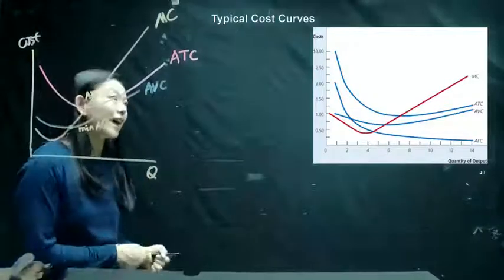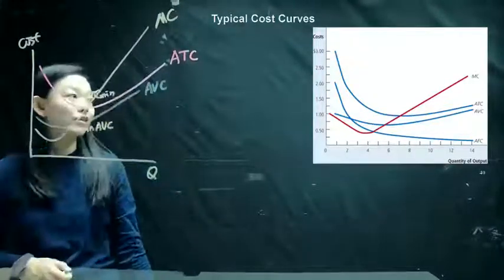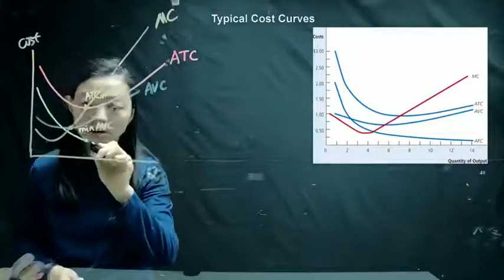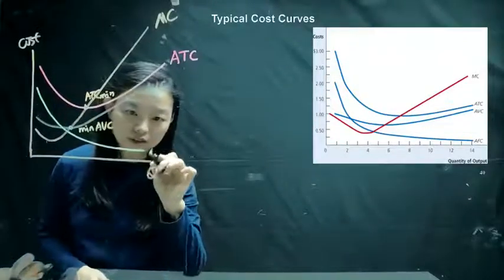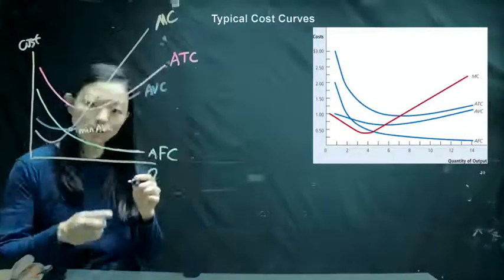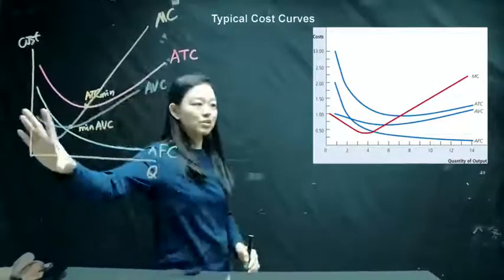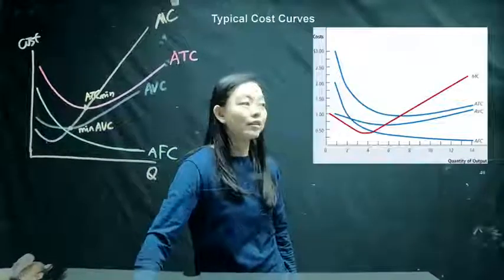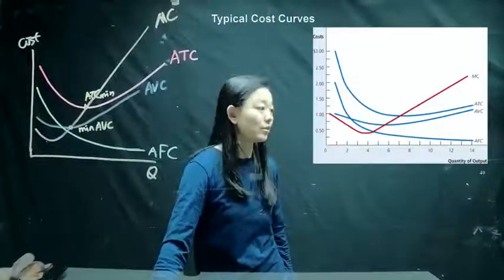Then finally you can add the average fixed cost. Average fixed cost always declines. So you just draw these four different curves, and this graph is very important.